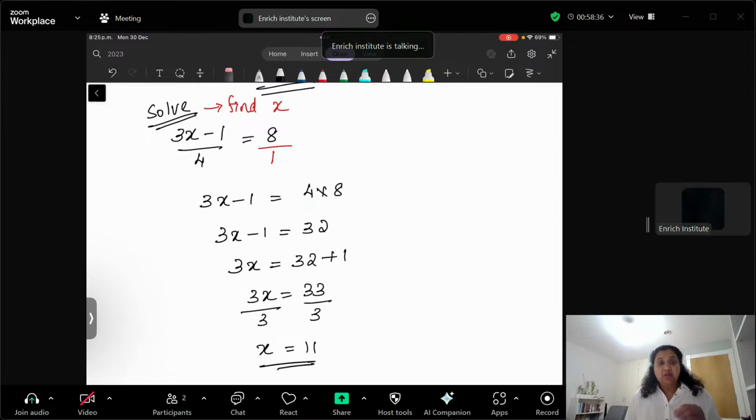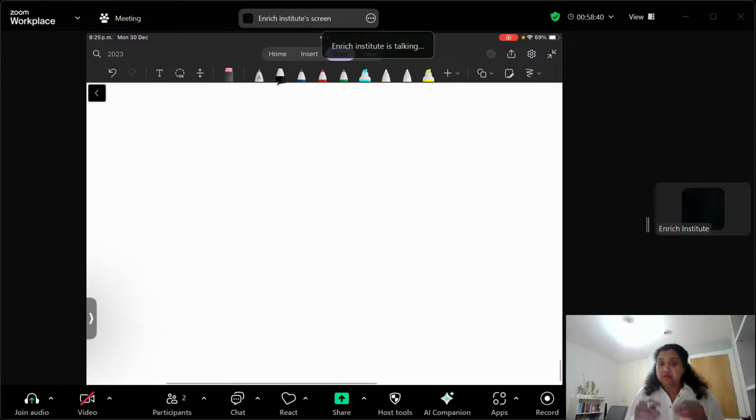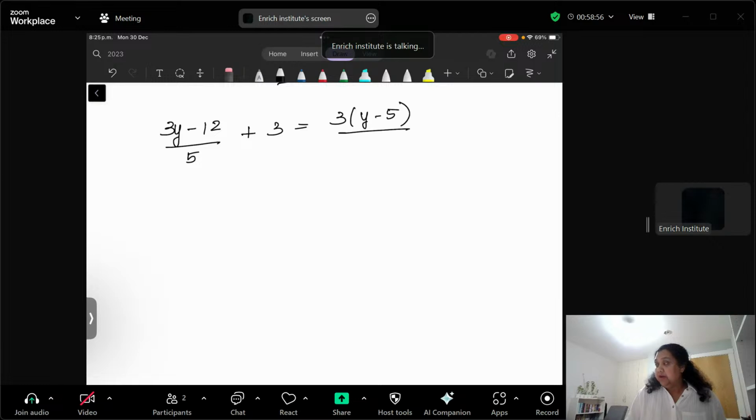Solving an equation is pretty important, and you will get multiple instances where you have to solve an equation. So I'm going to take another one, a little more complex. (3y minus 12) divided by 5 plus 3 is equal to 3 times (y minus 5) divided by 2. Again, it's an algebraic fraction, which means you have to do cross multiplication.